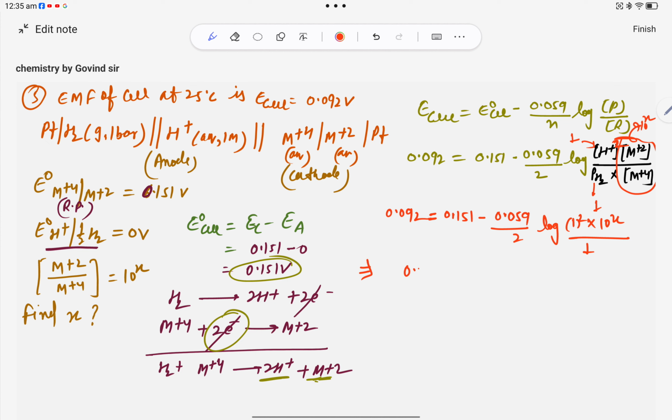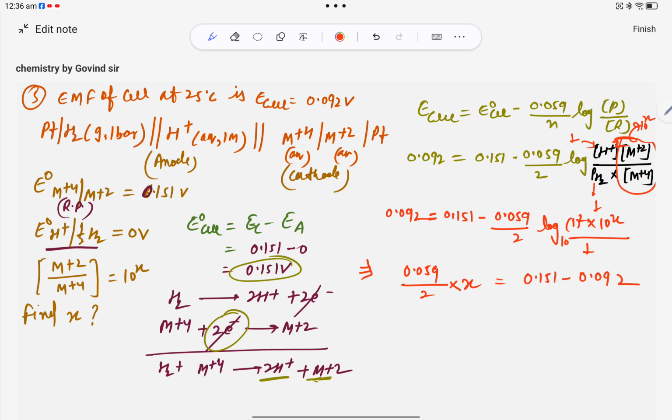So 0.059 by 2 into x. Why? Because log of 10 to the power x, that means log m to the power n, then n log m is equal to x. It equals 0.151 minus 0.092.